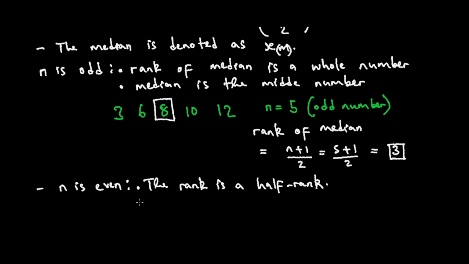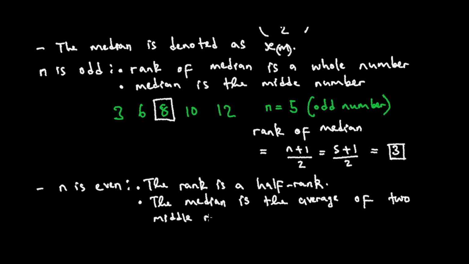Another thing that happens is that the median is the average of two middle numbers. So when you did statistics at O level, I'm sure you were taught this. Of two middle numbers. An example would be, let's take the same data set but remove 12.